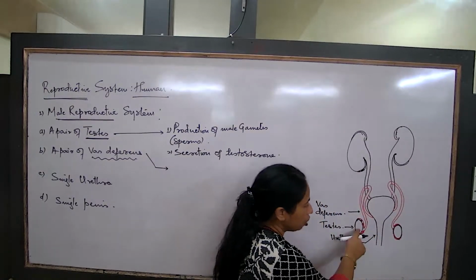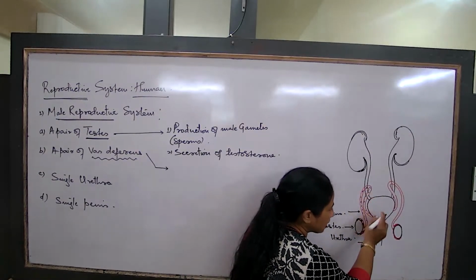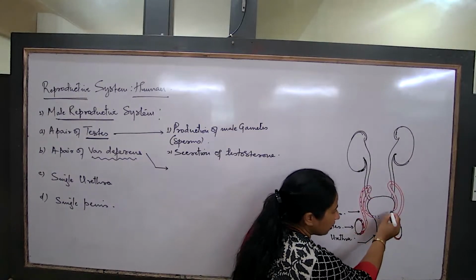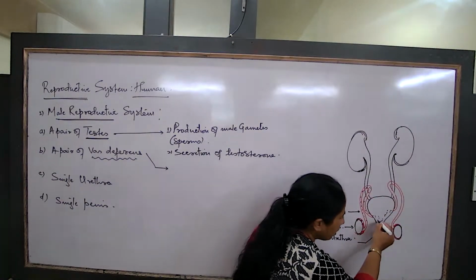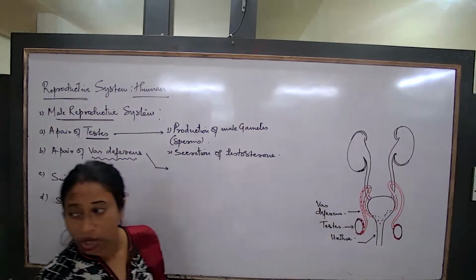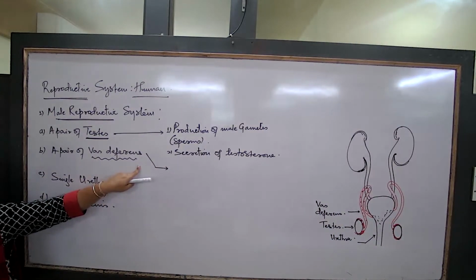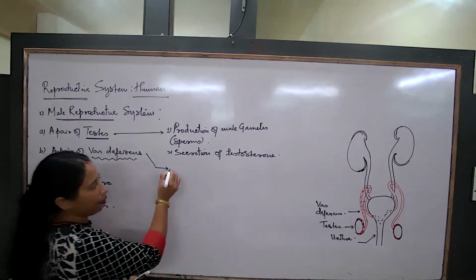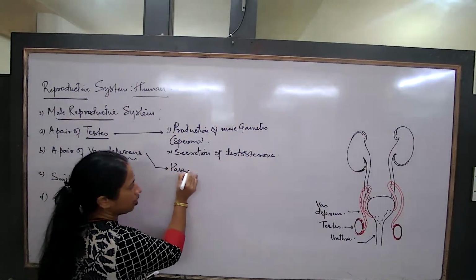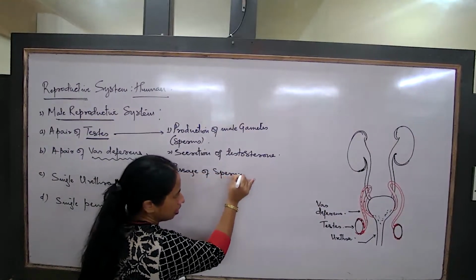So only the sperms will run down here. So what function would you write for the vas deferens? Very clear. Helps in the passage of the male gametes, that is the sperms.